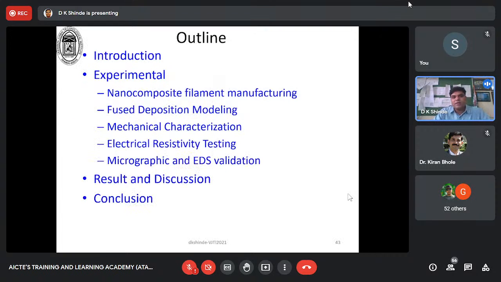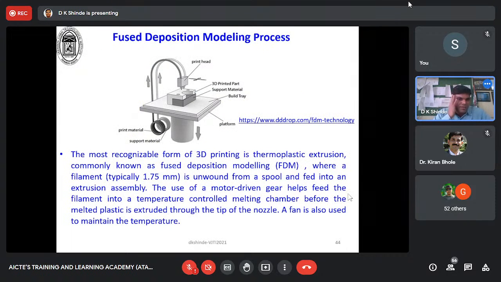What we did: a little to share with you is the fused deposition modeling process.